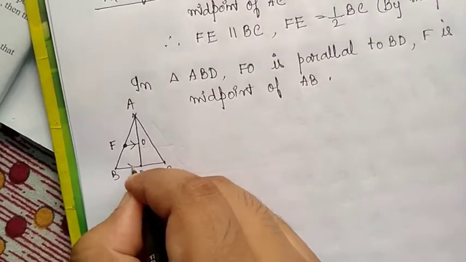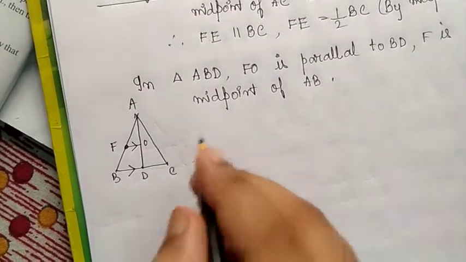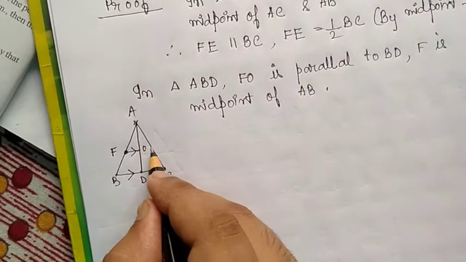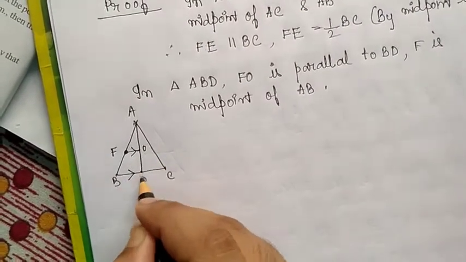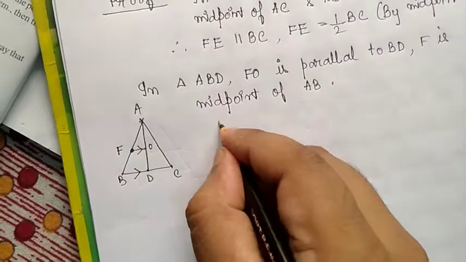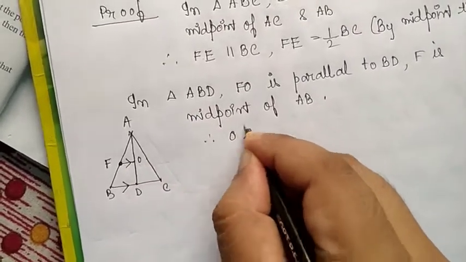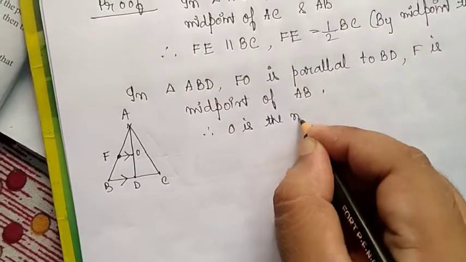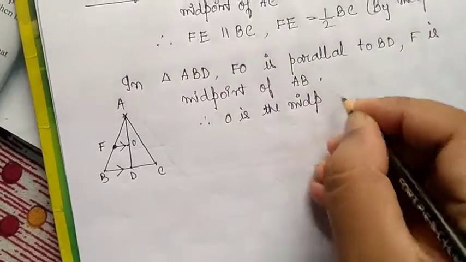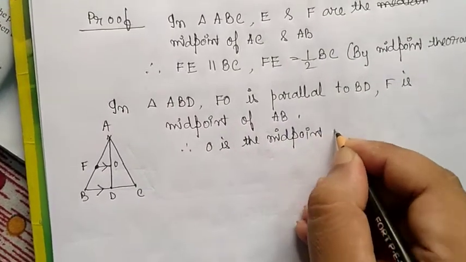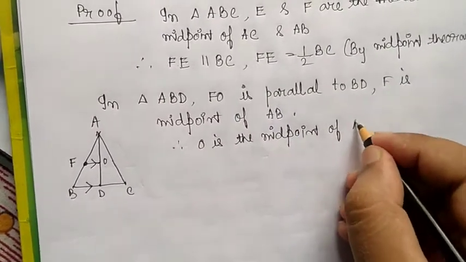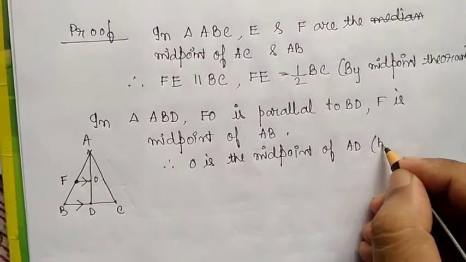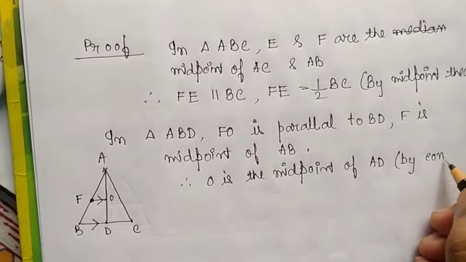Previously we proved that FE is parallel to BC, therefore FO is parallel to BD, and F is the midpoint. So therefore we can say that O is the midpoint of AD by the converse of the midpoint theorem.